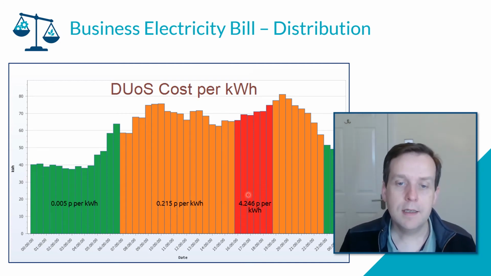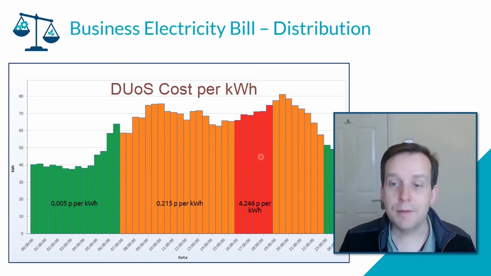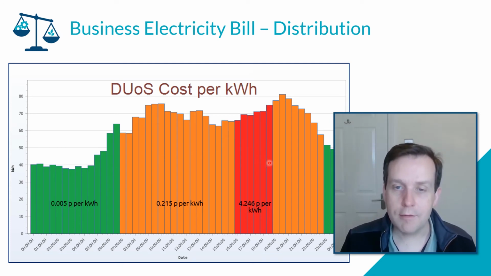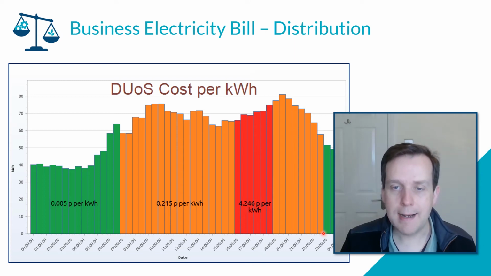The idea is to encourage people to use electricity in the green period and discourage using electricity during the red period. The amber period is effectively when people are awake, so amber starts at 7 a.m. and finishes at 11 p.m.